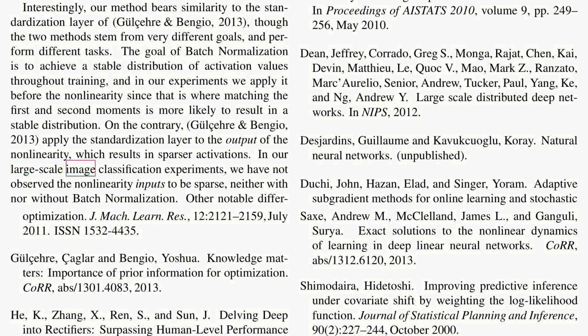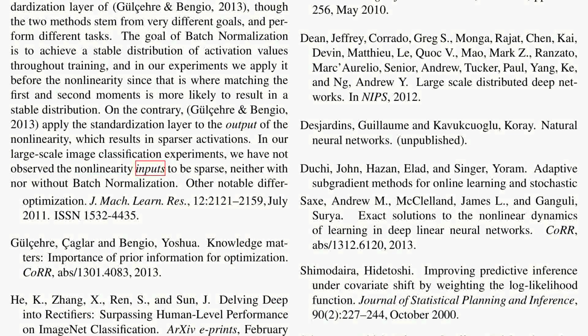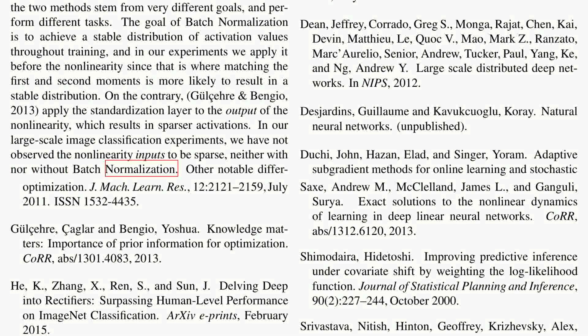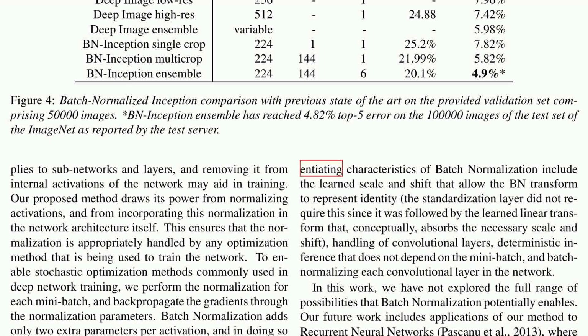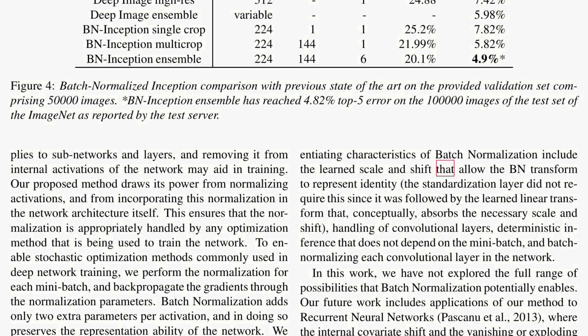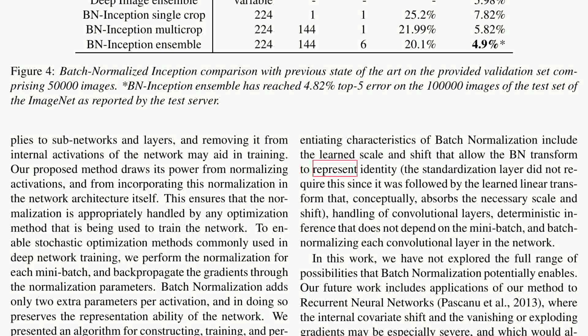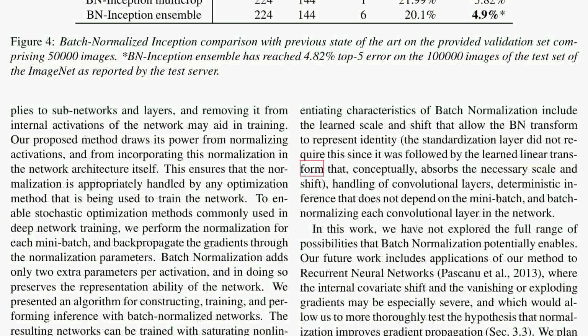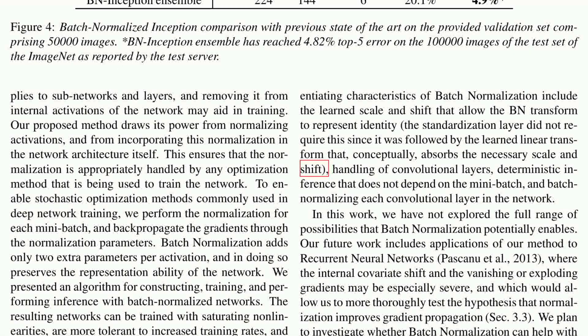In our large-scale image classification experiments, we have not observed the nonlinearity inputs to be sparse, neither with nor without batch normalization. Other notable differentiating characteristics of batch normalization include the learned scale and shift that allow the BN transform to represent the identity. The standardization layer did not require this since it was followed by the learned linear transform that, conceptually, absorbs the necessary scale and shift.